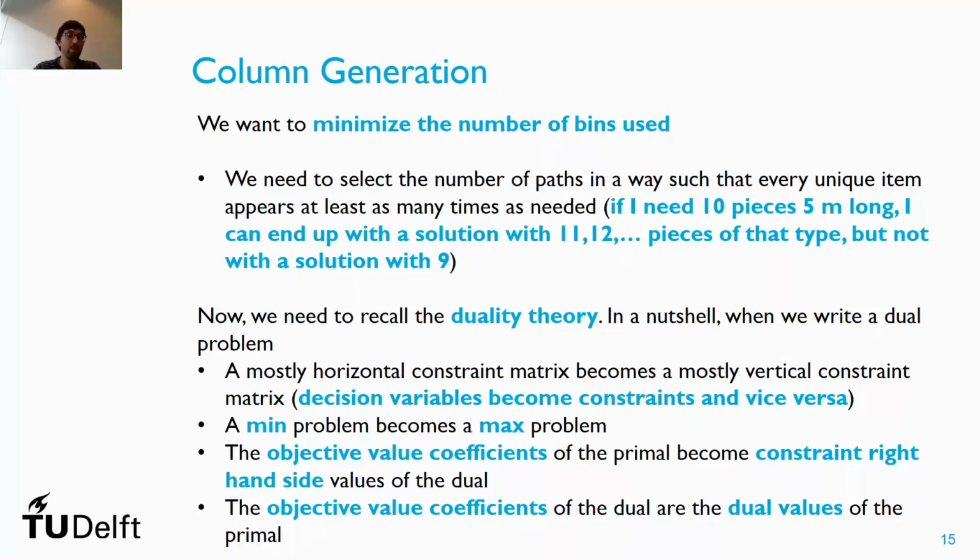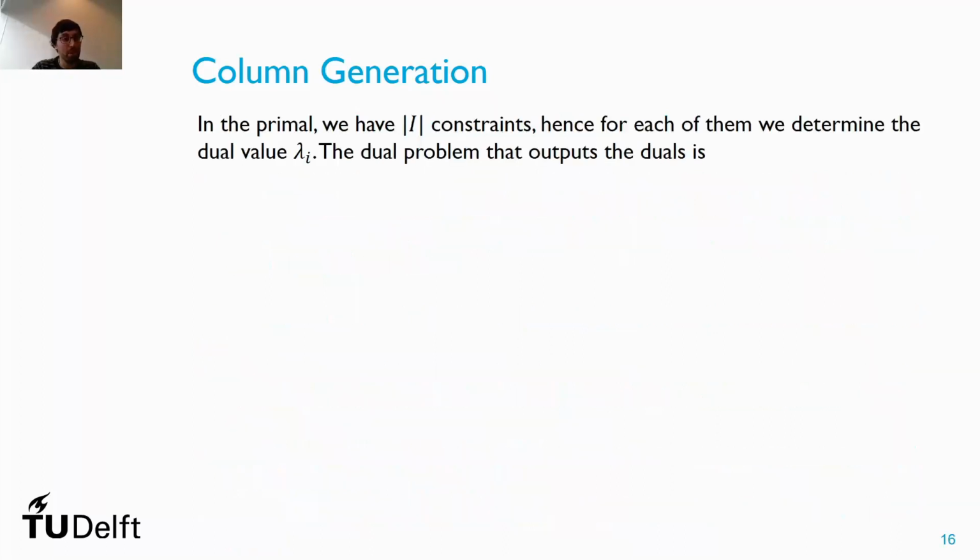The objective coefficients of the primal become the constraint right-hand sides of the dual, and the objective coefficients of the dual are actually the right-hand sides of the primal. So, how many duals do we have in this problem? In the primal, we have I constraints, 1 per unique item, because we need to produce at least as many items of a certain length as the demand requires.